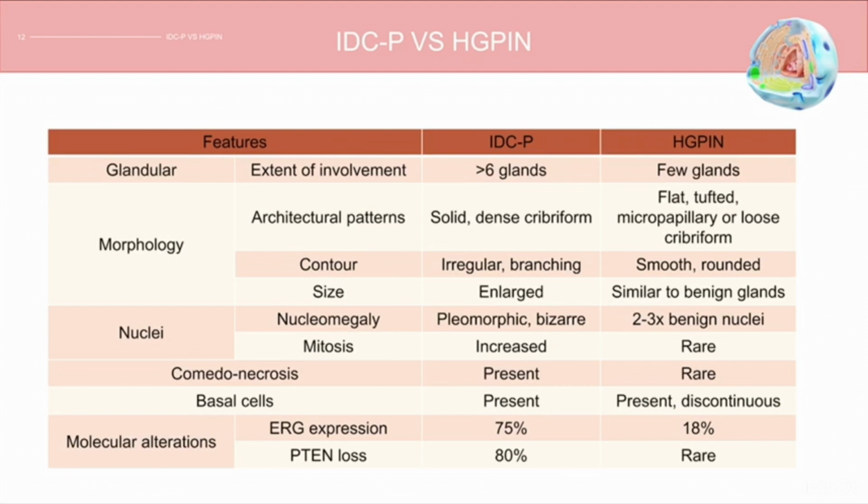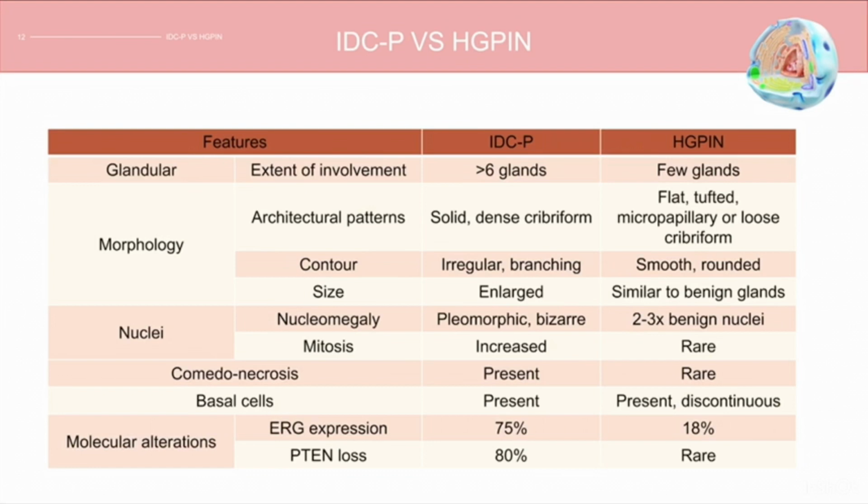Architecturally, IDC-P has a dense cribriform to solid pattern, which I mentioned, and HGPIN usually shows only a micropapillary to loose cribriform pattern. The glands are irregular and branching in IDC-P, whereas in HGPIN they are rounded with a smooth contour like benign glands. The size of the glands is enlarged in IDC-P, but almost similar to benign in HGPIN.